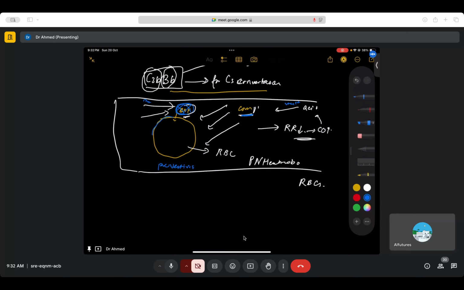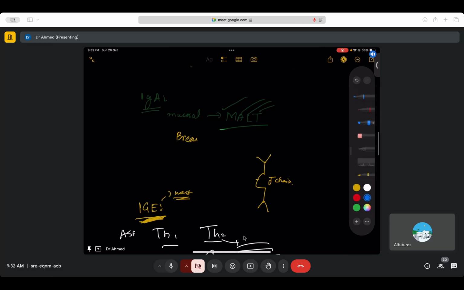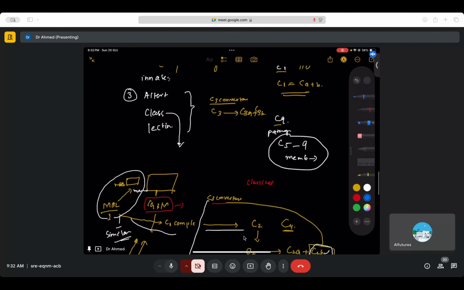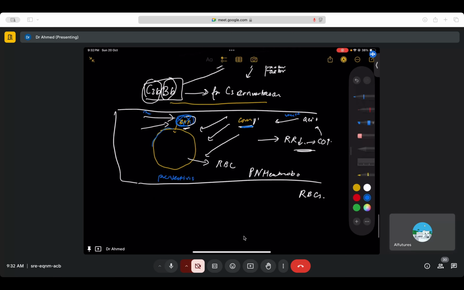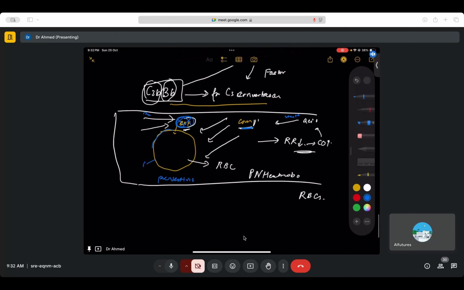So this was all about the complement system. Now let's discuss the pathology section. I have one question: how is deficiency of DAF related to RBC destruction? As I have already discussed, DAF is simply a preventive mechanism, as Dr. Renu told us.